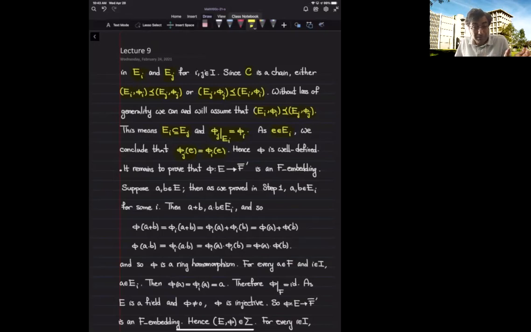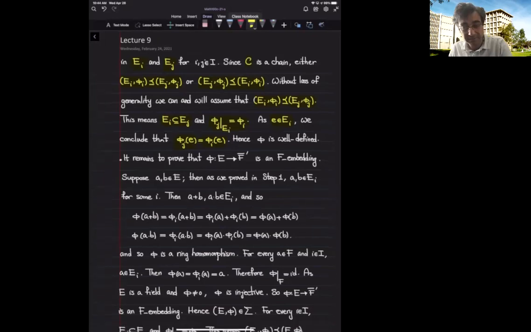That means there is no ambiguity. If I pick any index i so that e is inside E_i, φ_i does the same to e. We are going to get the same value in F-bar prime. So φ is indeed well defined.